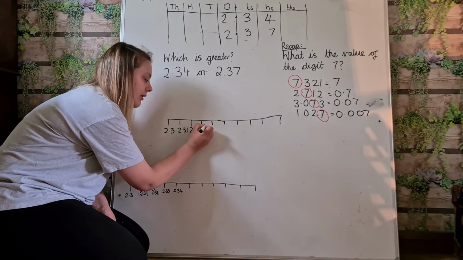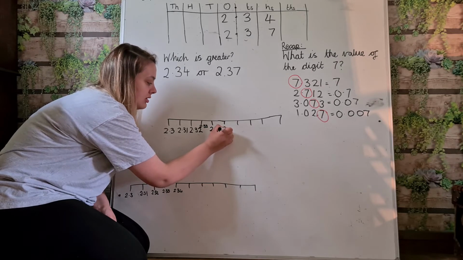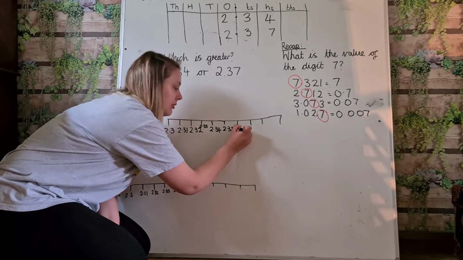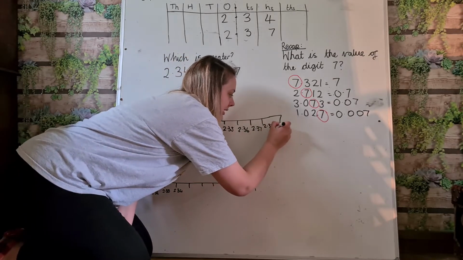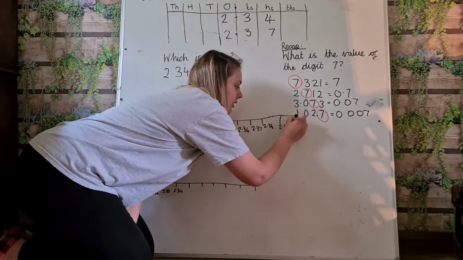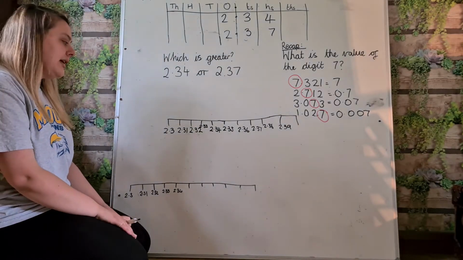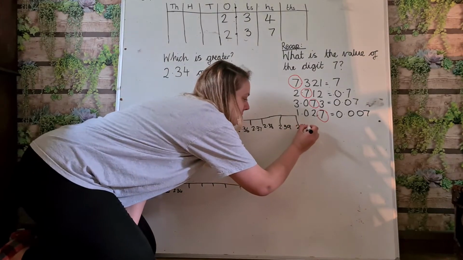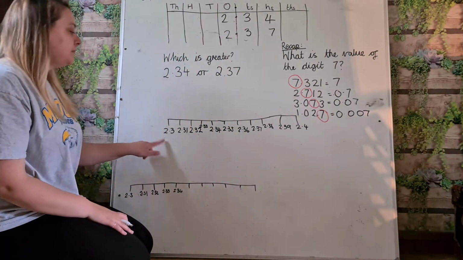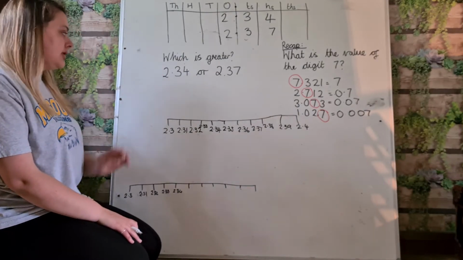Fantastic, it would be 2.33, then 2.34, then 2.35, 2.36, 2.37, 2.38, 2.39, and then what would we have then? Fantastic, it'd be 2.4, okay? If we're going up on our number line in hundredths.